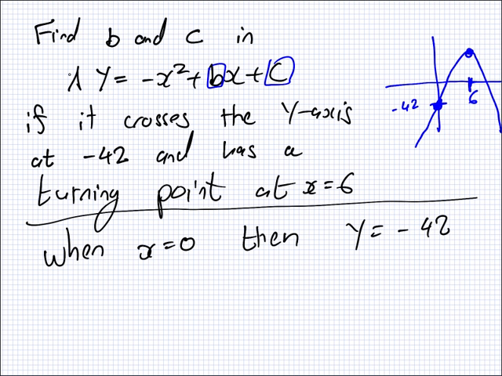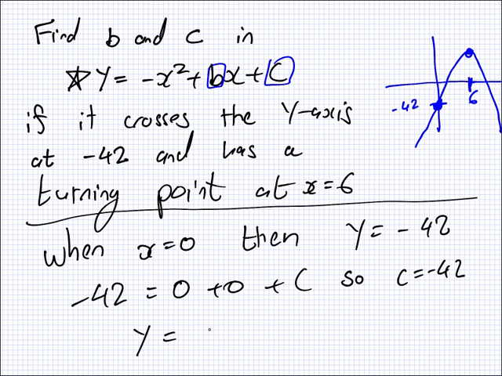Going back to this equation, we get minus 42 equals 0 plus 0 plus c. No surprise here. So c equals minus 42. We're halfway finished. We know that y equals minus x squared plus bx minus 42. We have b left to get now.